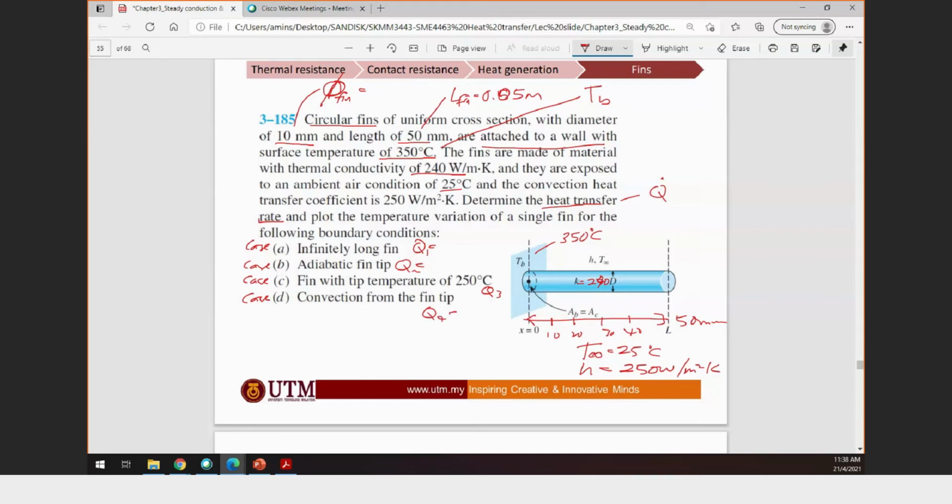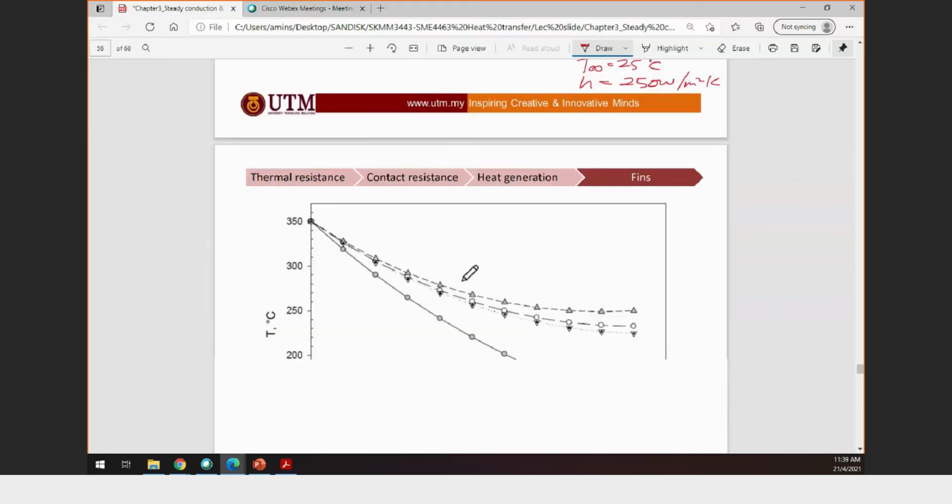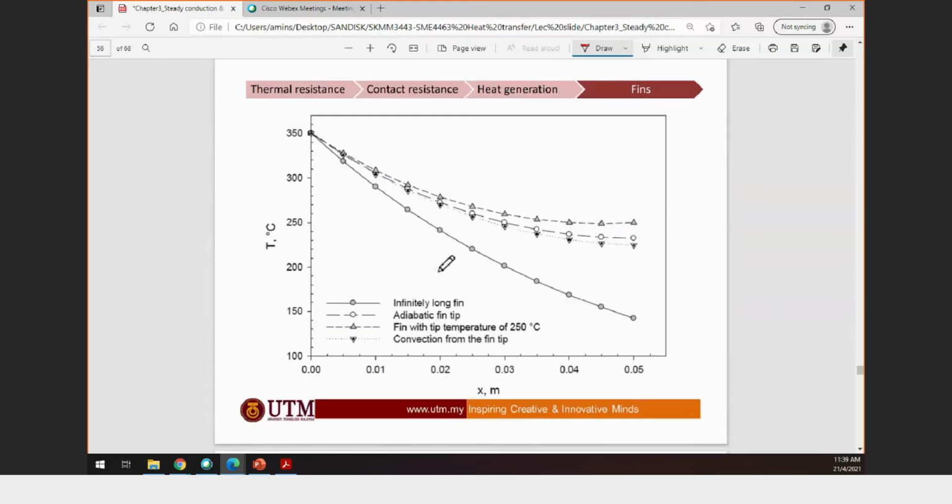Okay, but for the temperature distribution, like this, they are trying to plot. In fact, they plot at a different 5 millimeter distance.